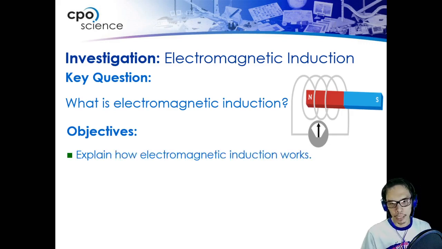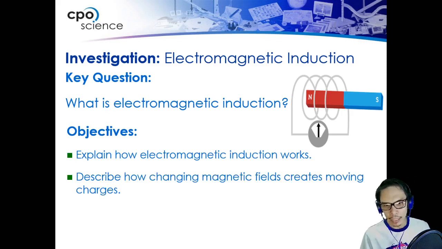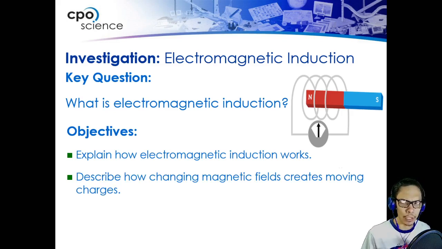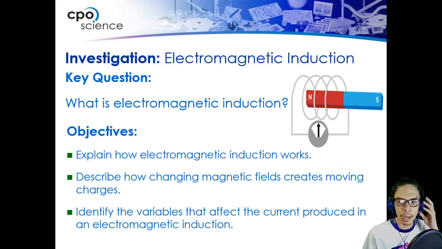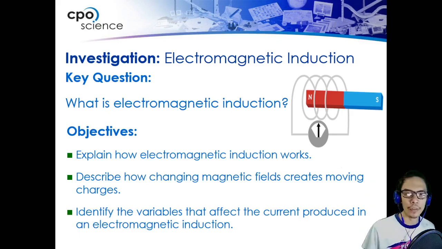Then the objectives that we have right here are: explain how electromagnetic induction works; next, how a changing magnetic field creates moving charges, so how does this magnetic field enable us to create current inside the conductor; and finally, identify some variables that affect the current produced in electromagnetic induction. So what are these factors? Let's get this over with.